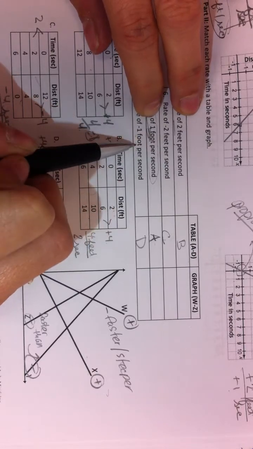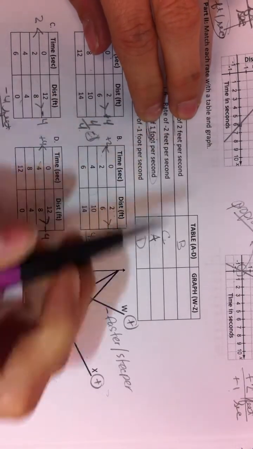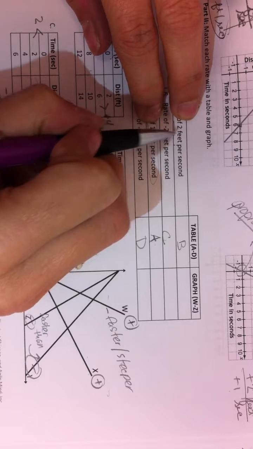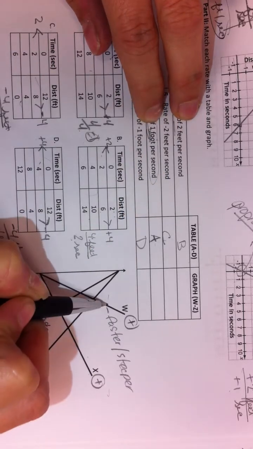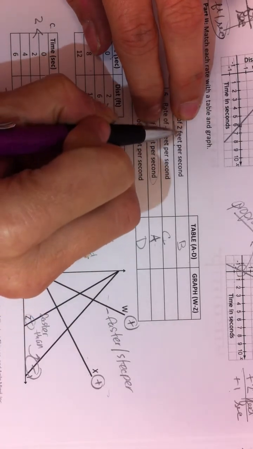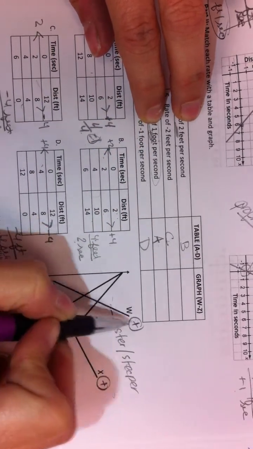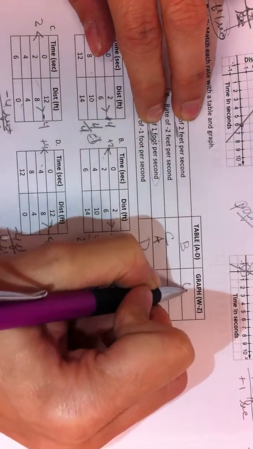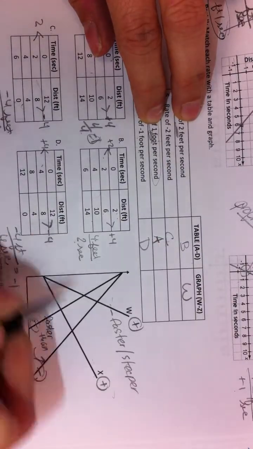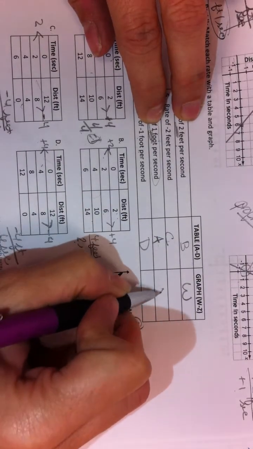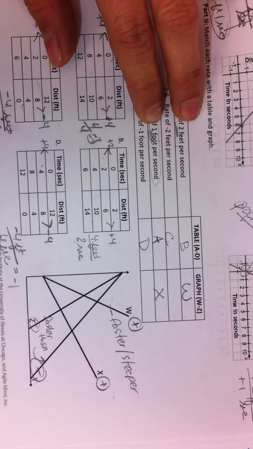The other 2 are negative. So these 2 have to match up with these 2 because they both have a positive rate. The faster one is 2 feet per second because 2 feet per second is faster than 1 foot. The faster line is the steeper line. So this has to match up with W, which means X is the positive one and matches up with 1.